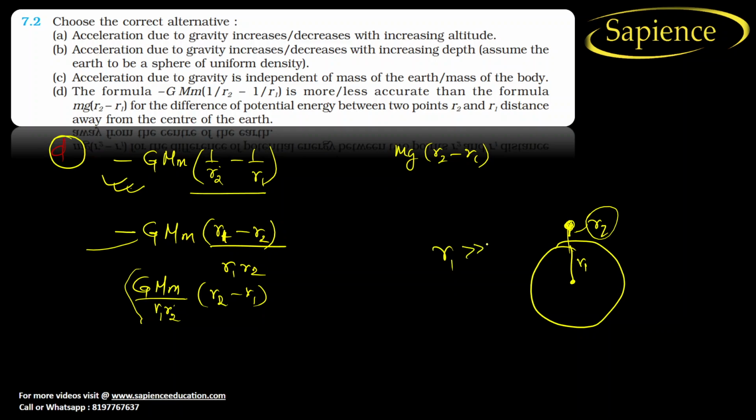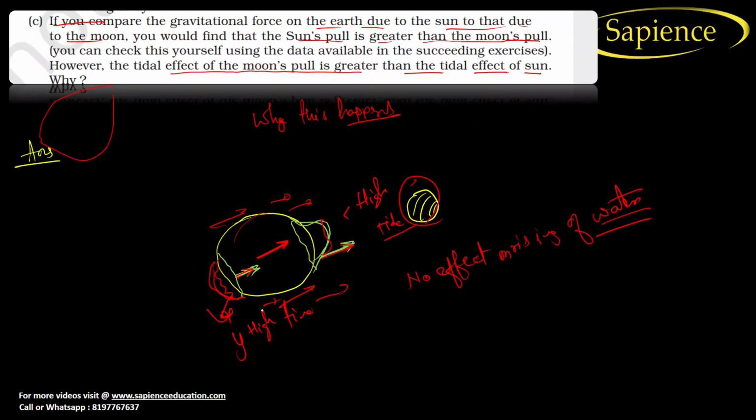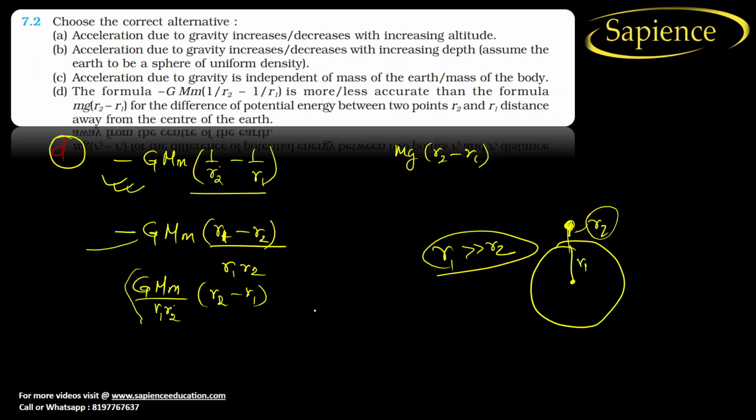finally, if we consider that r1, the radius of the earth, is very much greater than the radius r2, then we can replace r1 and r2 like this. Now see here r1 and r2, so this is the r2 distance.